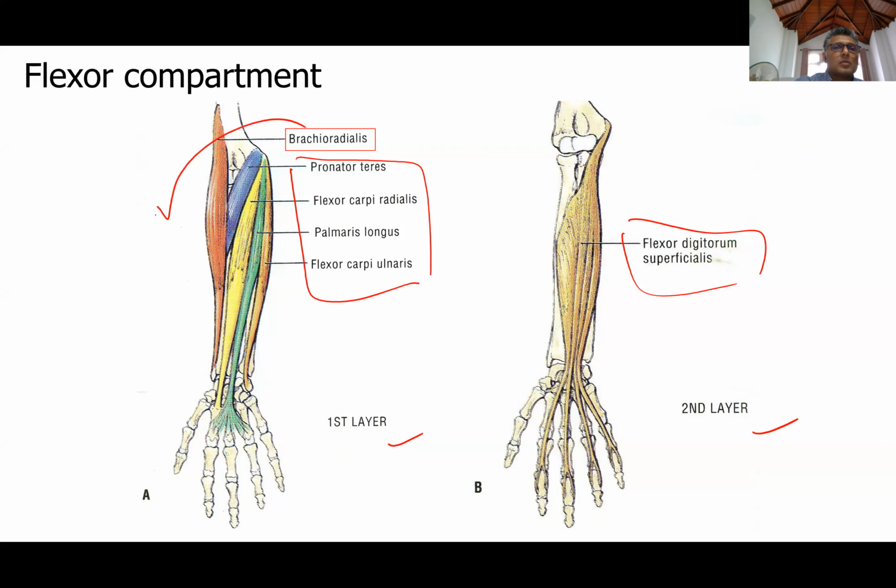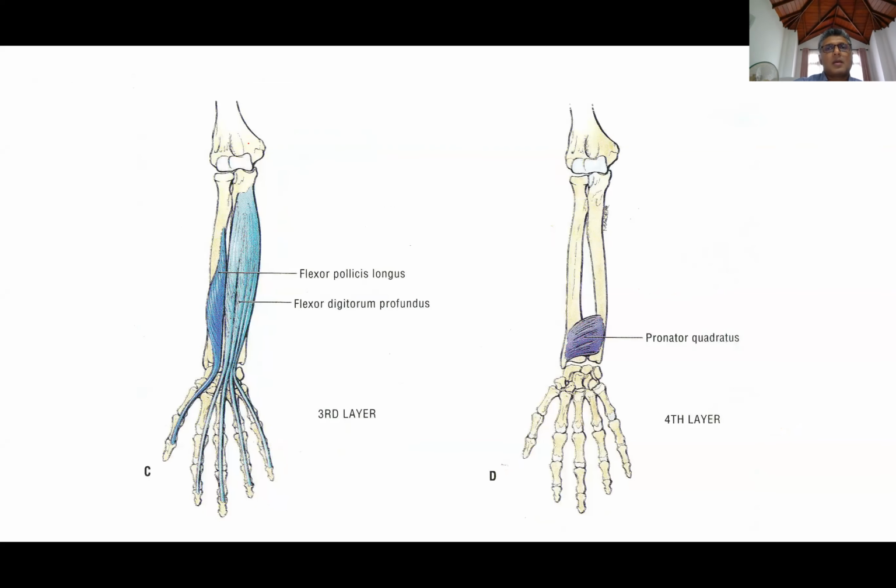Brachioradialis will go to the posterior compartment. Then in the deep layer of the anterior compartment, you get the flexor pollicis longus and flexor digitorum profundus, and deep to their tendons, you get the pronator quadratus. So you call it the fourth layer in this classification. It's not very important, I think. Whether it's fourth or third, you should know the muscles.